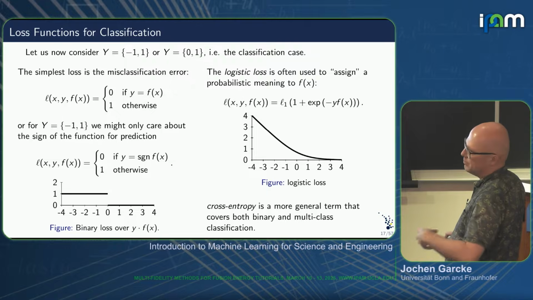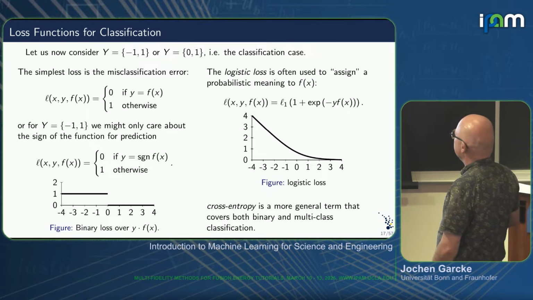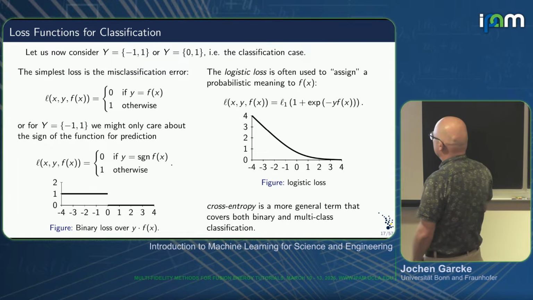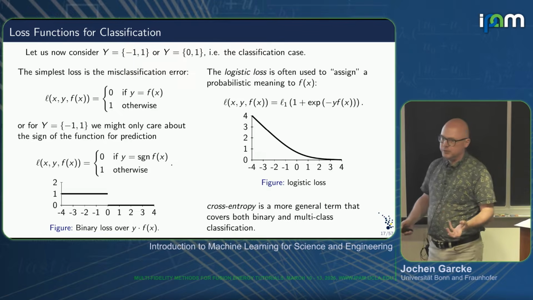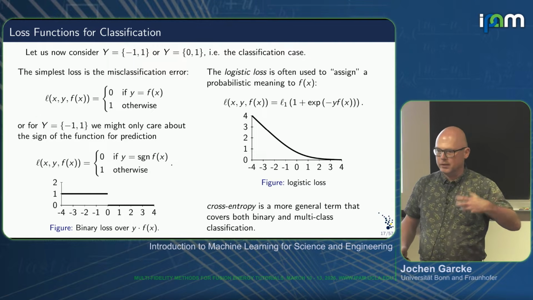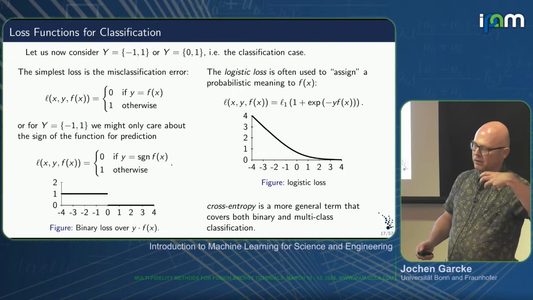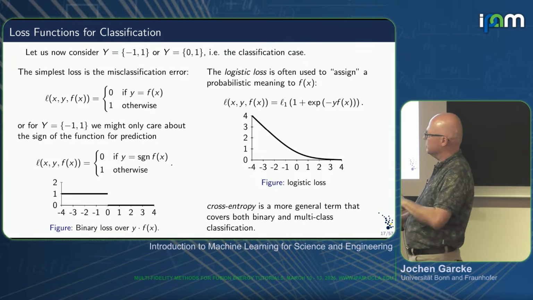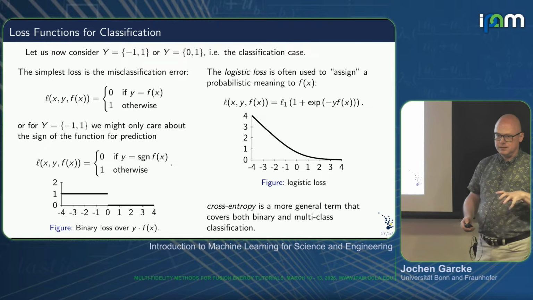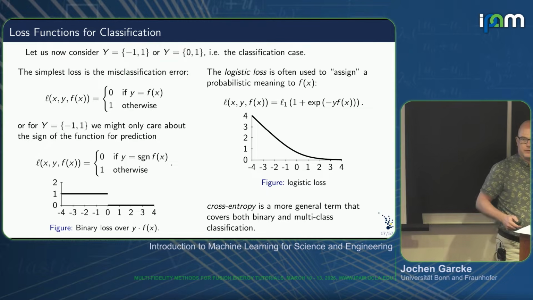This is the actual binary loss, but that's not really something to optimize over. The one with probabilistic meaning is the logistic loss, which looks like that, and is also called cross entropy. This is also the way to generalize to multi-class classification problems, and cross entropy is the classical loss in deep learning methods.